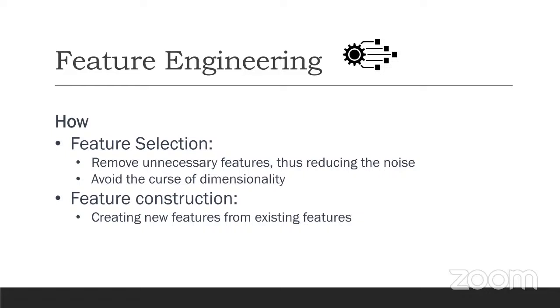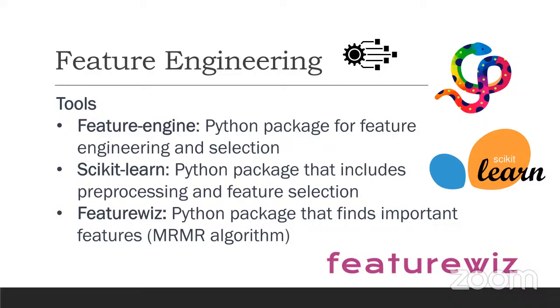So that's why it's better to keep your model, or your input, lean. Okay. Keeping it lean means what? Means removing unnecessary features or unnecessary data. And as I mentioned earlier, also creating new features from existing features. So that's feature construction.